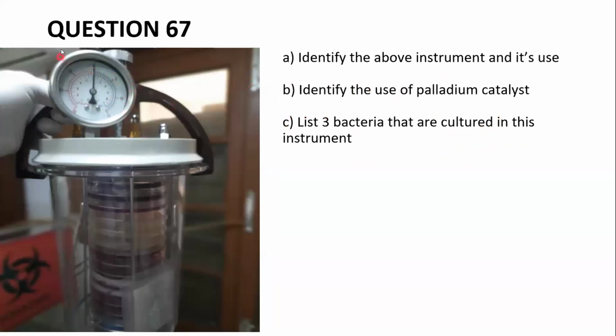This is also another one that you should know. On lab instruments, remember we had done the candle extinction jar. Now this is another one. Identify the above instrument and its use. Identify the use of the palladium catalyst. Then 3 bacteria that are cultured on this instrument.